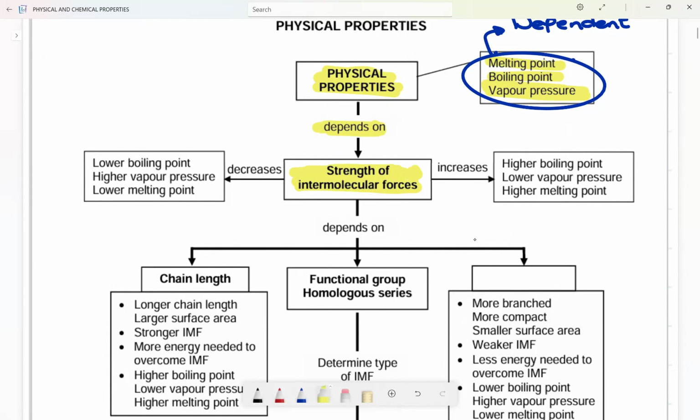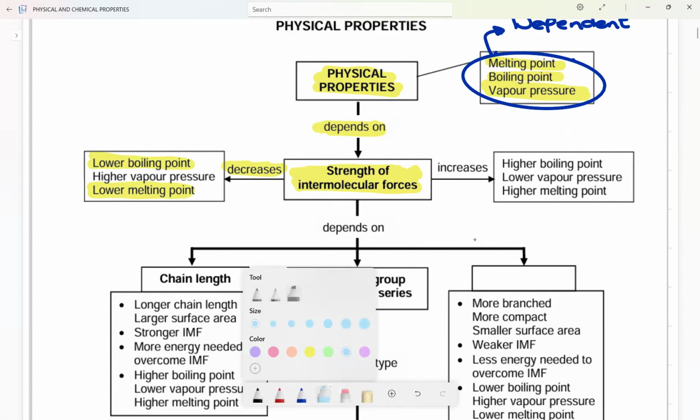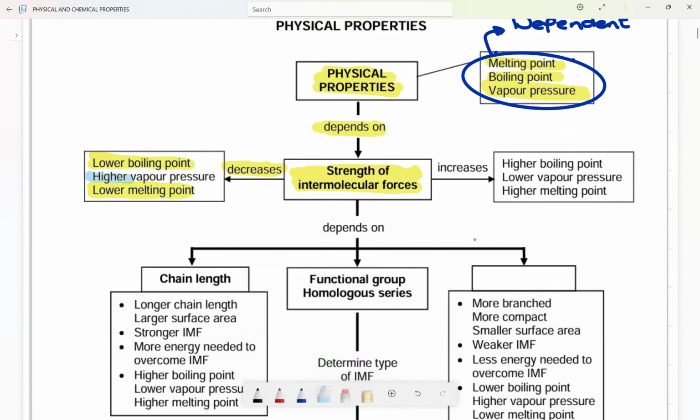If the strength decreases, the boiling point will decrease, so there will be a lower boiling point. The melting point will also be lower. But what's different is that the vapor pressure in this particular case will be higher.